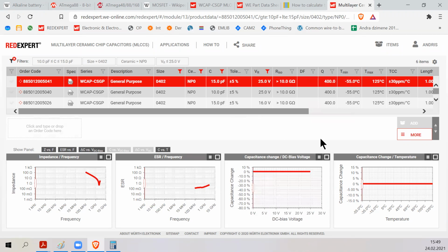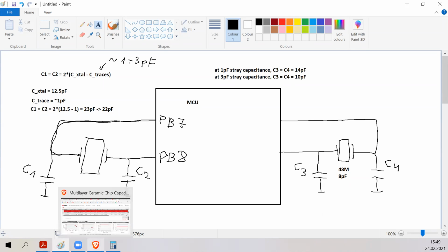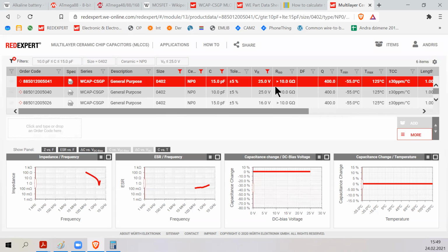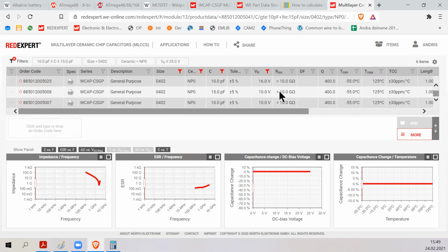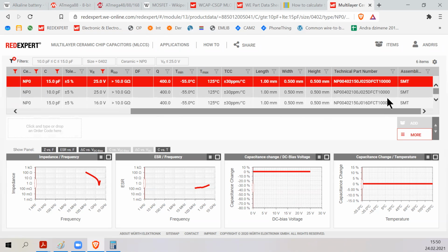Actually, the signal is something like one volt only. In this location, it's oscillating only at something like 1 volt. So these capacitors don't have to be like 100-volt capacitors. Smaller voltage, lower price. Okay, and the rest of them, I don't even know the difference.